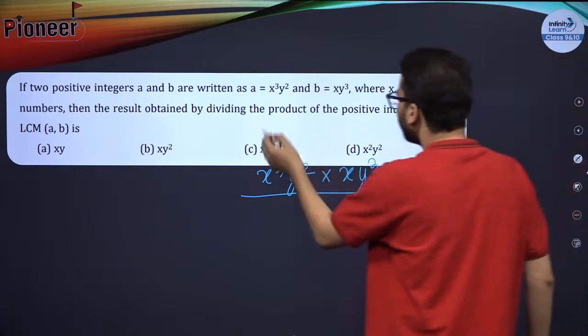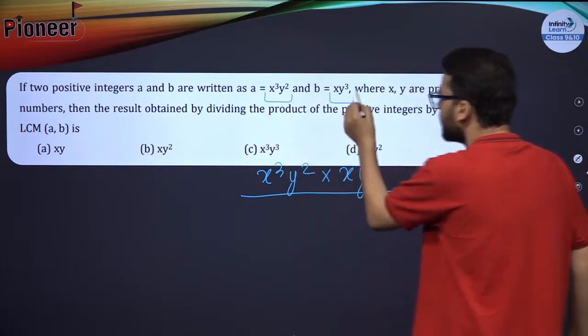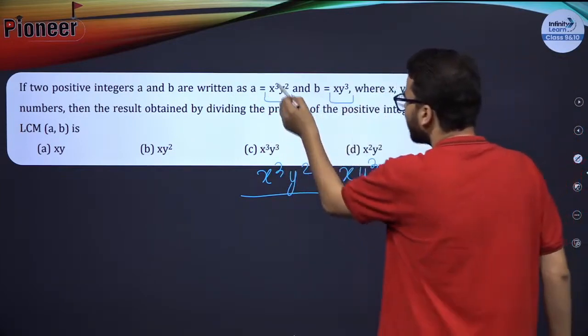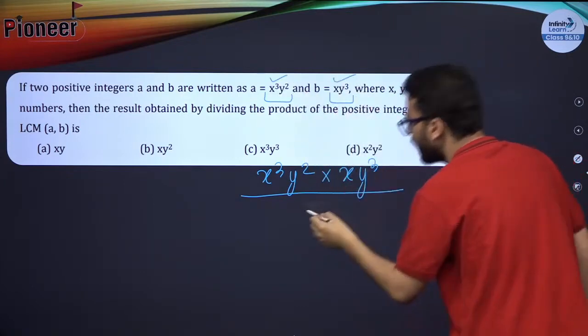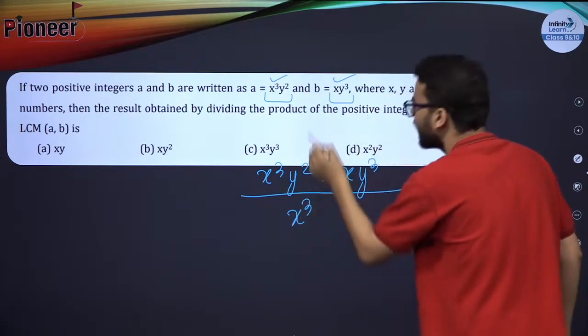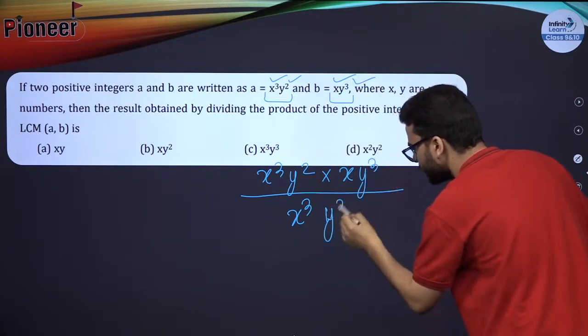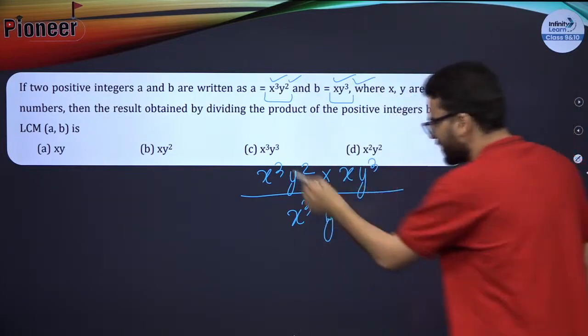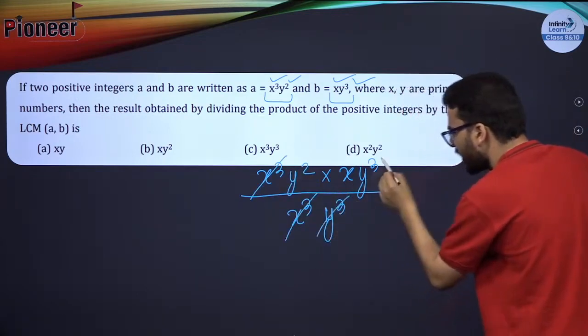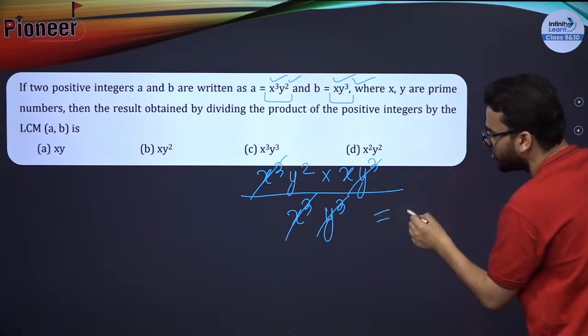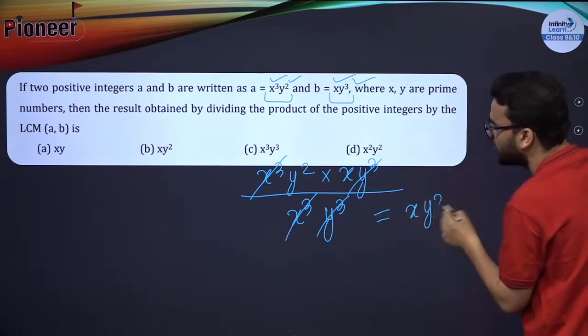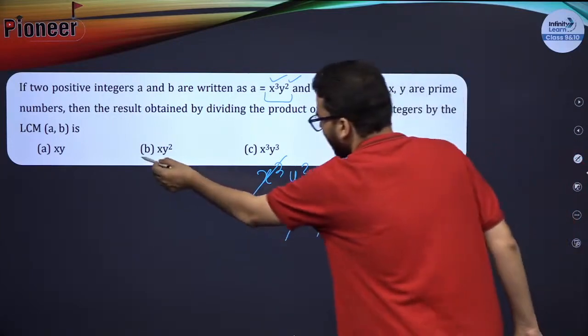It is already given that x and y are prime numbers. So their LCM will be the highest exponent of x and the highest exponent of y. So it will be x cube y cube only, right? So I can cancel out x cube y cube, and it will come out to be x y square. So option B is correct over here.